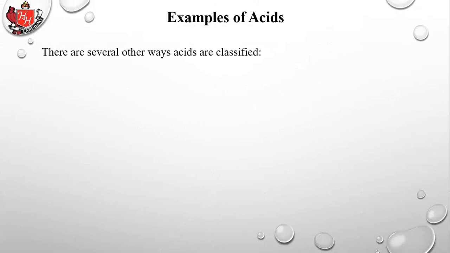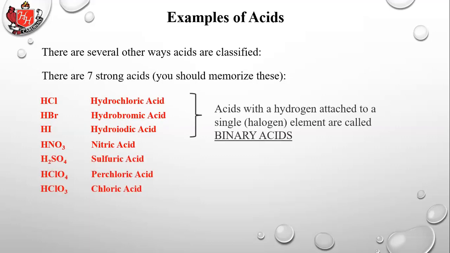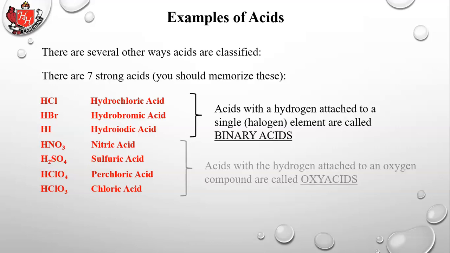There are several other ways acids are classified. These are the 7 strong acids again. The first 3 are called binary acids because they contain 2 different elements: hydrochloric, hydrobromic, hydroiodic. Acids with a hydrogen attached to a single halogen, and you notice all 3 of those are halogens in the second to last column of the periodic table, are called binary acids.